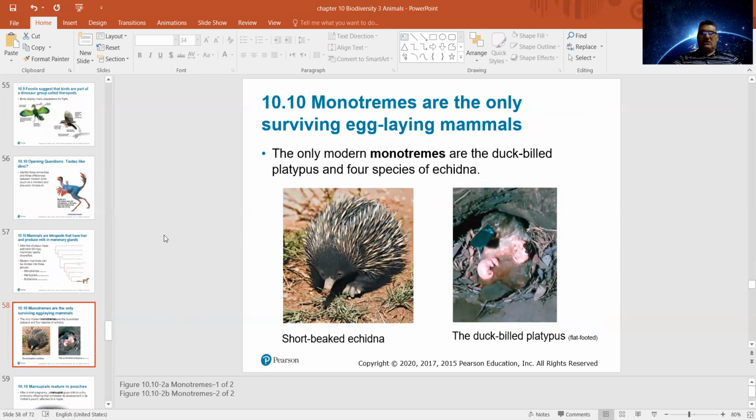So the monotremes, the one that have a single hole, the ones that still exist, it is not an advanced one. We have only two remaining of those, which is the duck-billed platypus, like this.